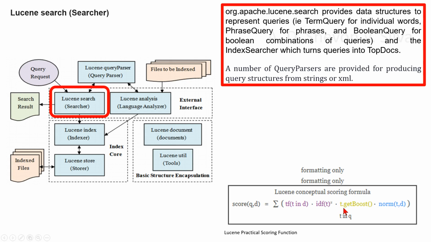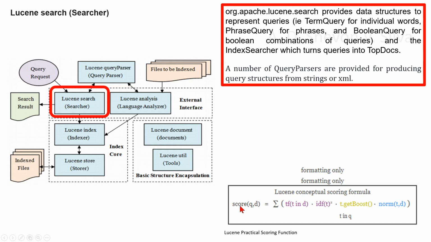Notice that there is really no direct API for accessing the boost of one term in a multi-term query, but rather multi-terms are represented in a query as a multi-term query object, and so the boost of a term in a query is accessible by calling the subquery getBoost method. Norm T D is an index time boost factor that slowly depends on the number of tokens of the field in the document, so that shorter fields contribute more to the score.